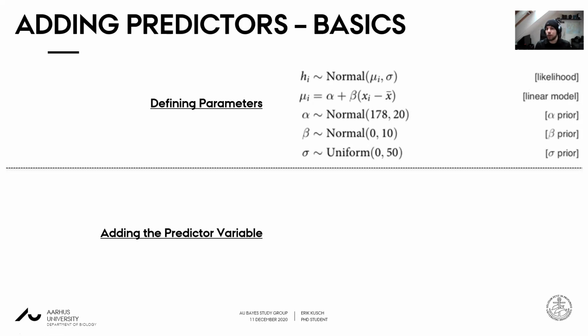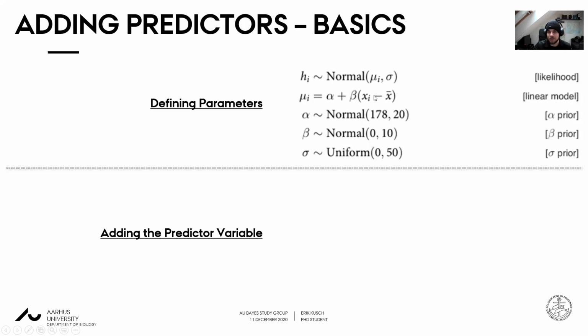We know that, or we postulate that explaining the mean here, so that's the mean height, is as easy as having this alpha, the intercept, plus whatever parameter this is, times the weight minus the average of the weight, which is just standardizing stuff. Sorry, no, this is not standardizing stuff.